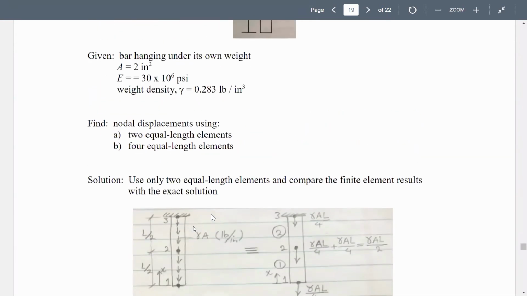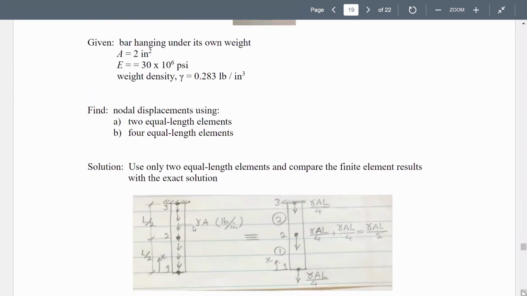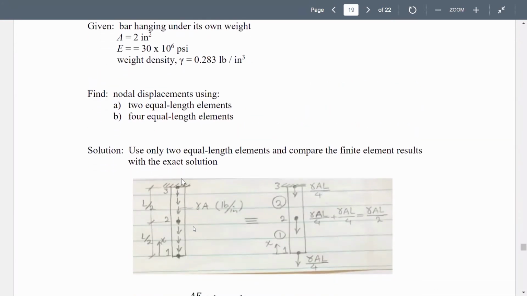The procedure is, first, this is the bar. Its weight is distributed like this, as I have shown. It has a length L, so to divide it into 2 elements, it would be node 1, node 2, node 3, and it would be L over 2, L over 2.